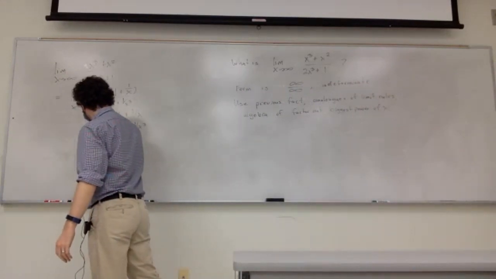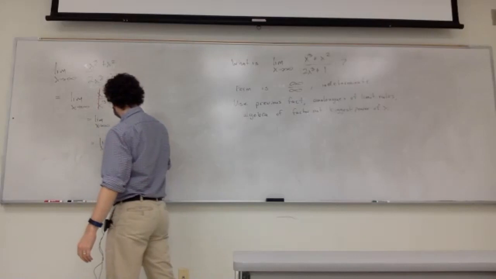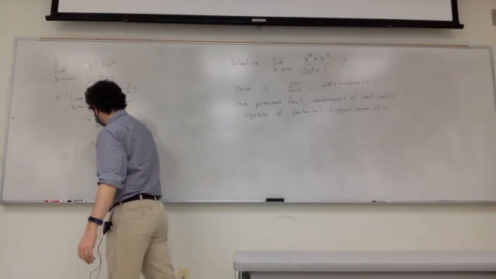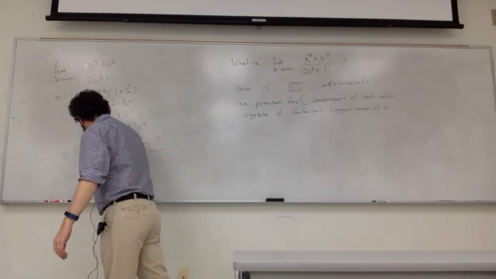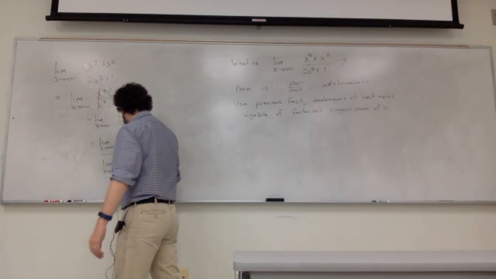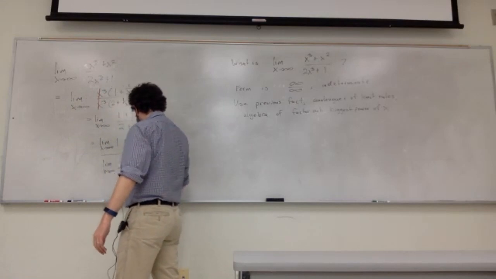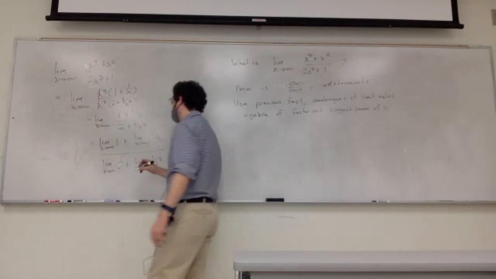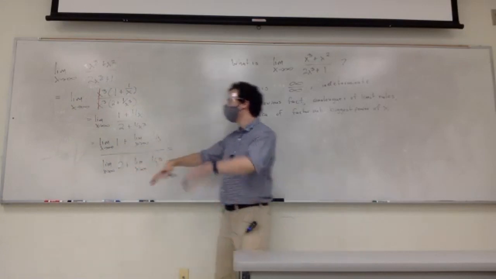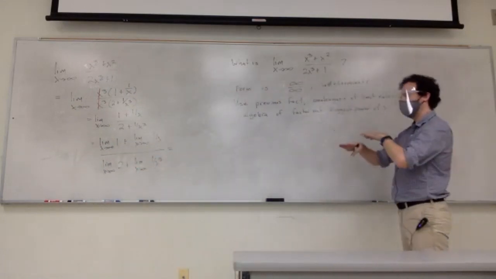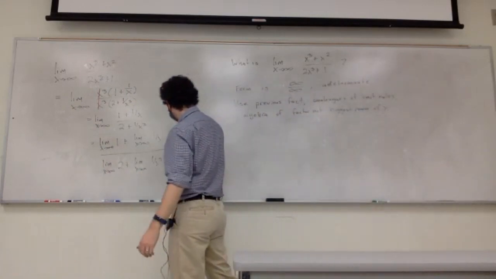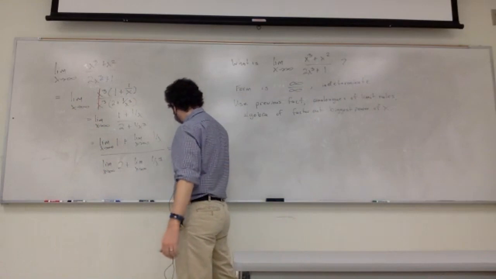So the limit as x goes to infinity of 1 plus the limit of 1 over x, divided by the limit of 2 plus the limit of 1 over x cubed. The constants don't go anywhere. Those values are the limits. So we get 1 and 2.